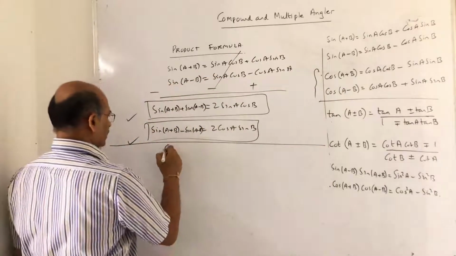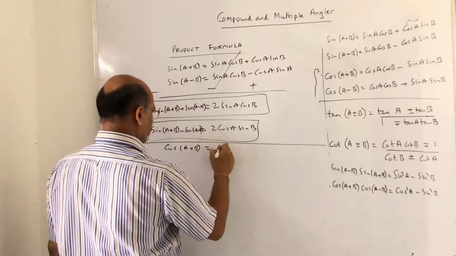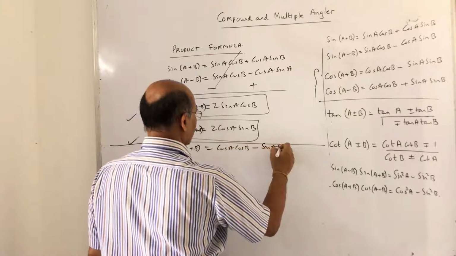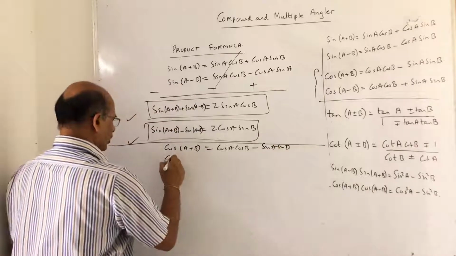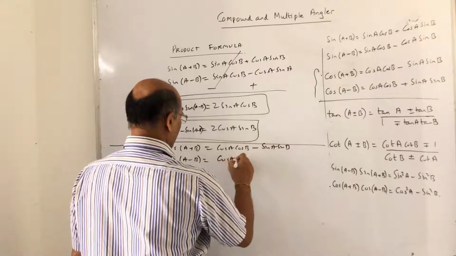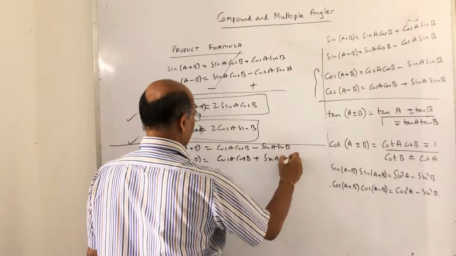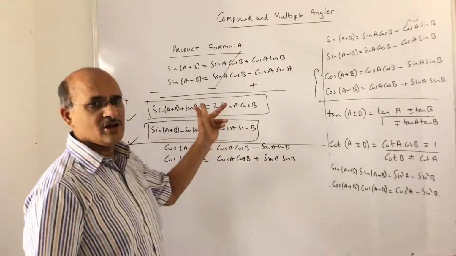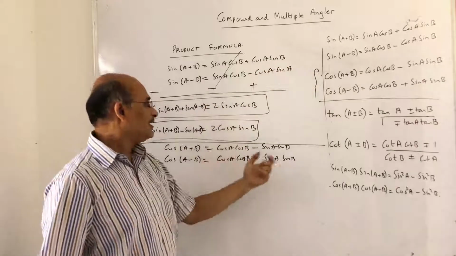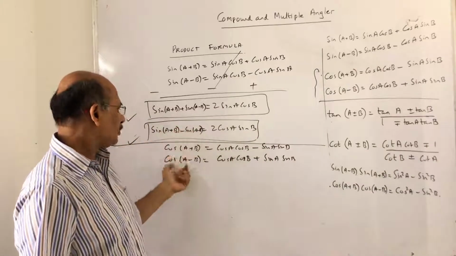Cos of A plus B is equal to cos A cos B minus sin A sin B. Cos of A minus B is nothing but cos A cos B plus sin A sin B. So remember, sin cos sin is addition or subtraction of sin, and cos sin sin is addition or subtraction of cos.